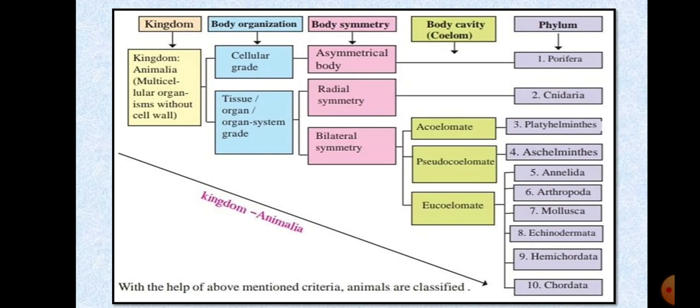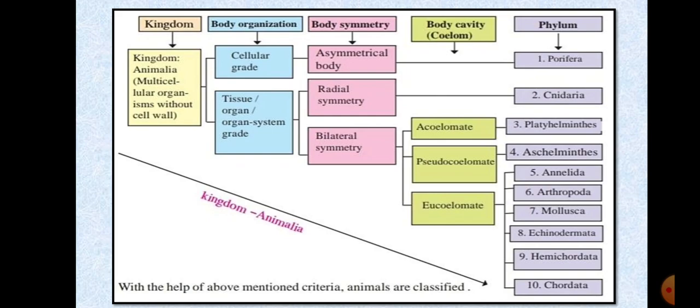So all the animals with the cellular grade organization and asymmetrical body will be placed in the phylum Porifera. Then the animals which show radial symmetry and are from the tissue organ grade system would be placed in the phylum Cnidaria, right?